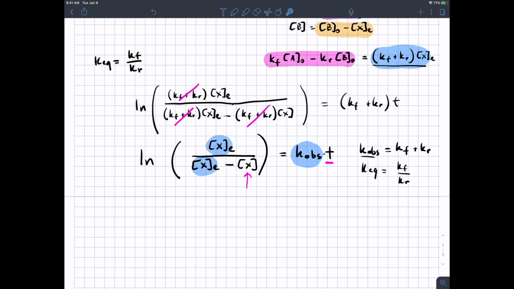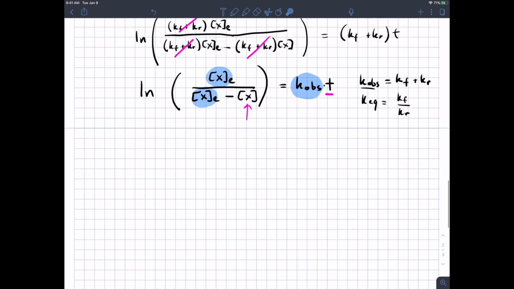It's probably easiest if we go through some of this with an example. So, I'm going to introduce the idea of something that we call steady state kinetics.